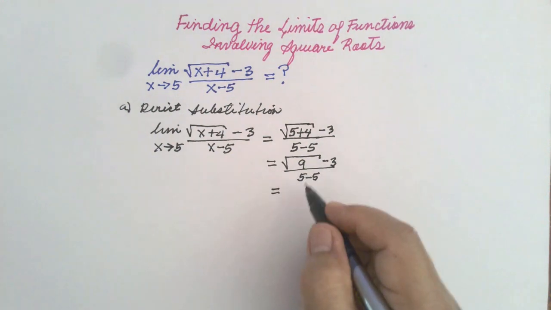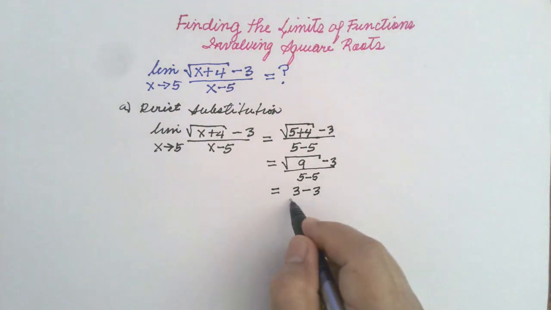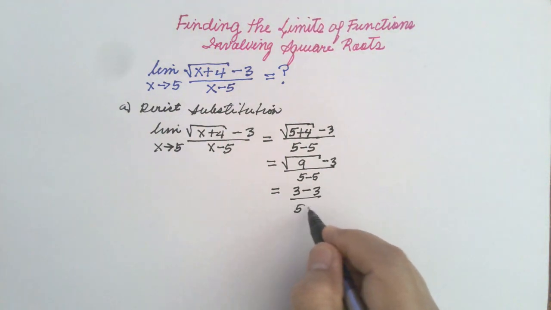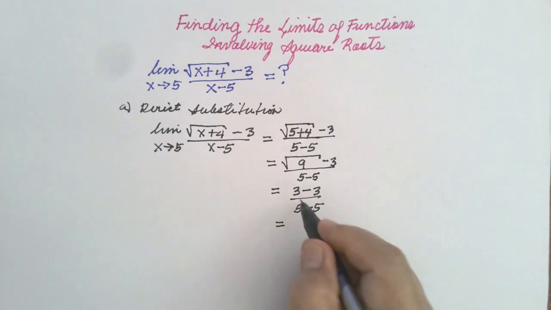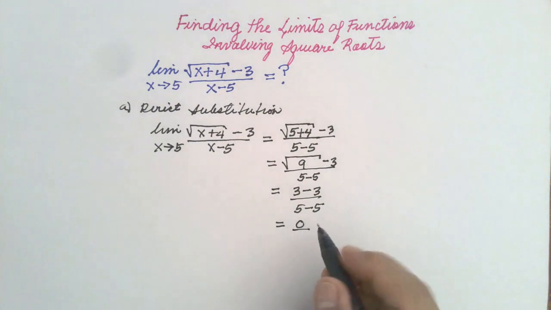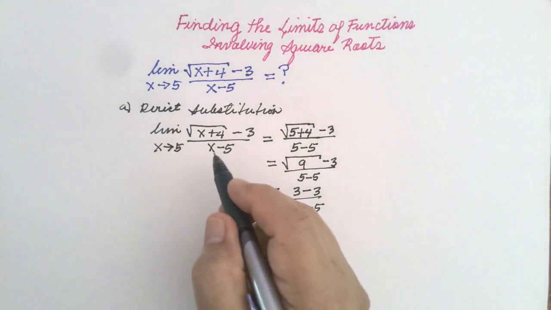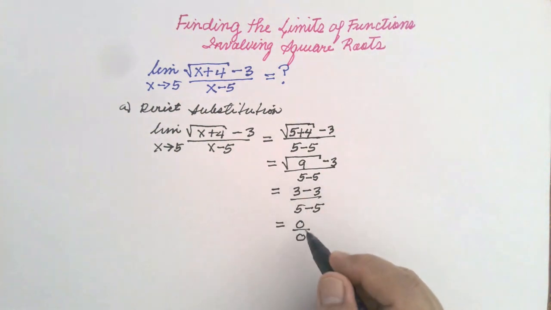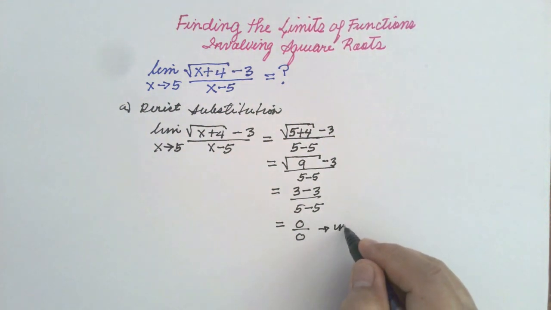The square root of 9 is 3, minus 3 over 5 minus 5. 3 minus 3 is 0. 5 minus 5 is 0. So direct substitution resulted to 0 over 0. In calculus, we say indeterminate.